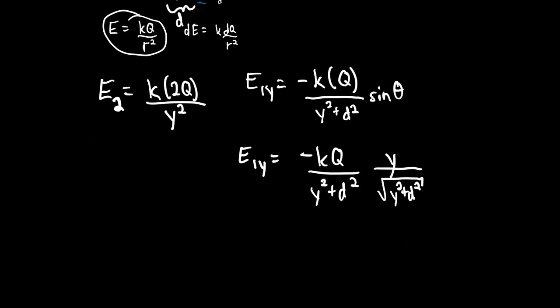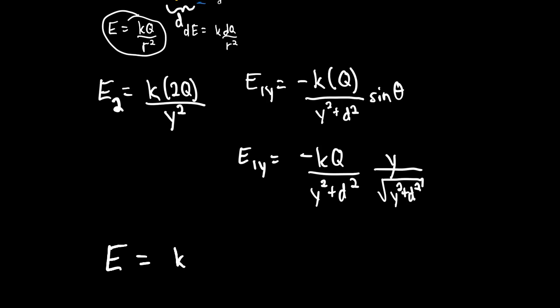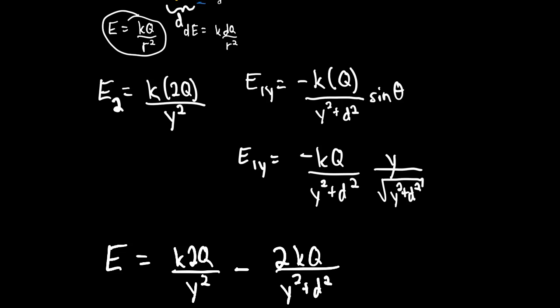So now we can do the total field, which is equal to k times 2q over y squared minus 2 times k times q over y squared plus d squared times y over square root of y squared plus d squared.